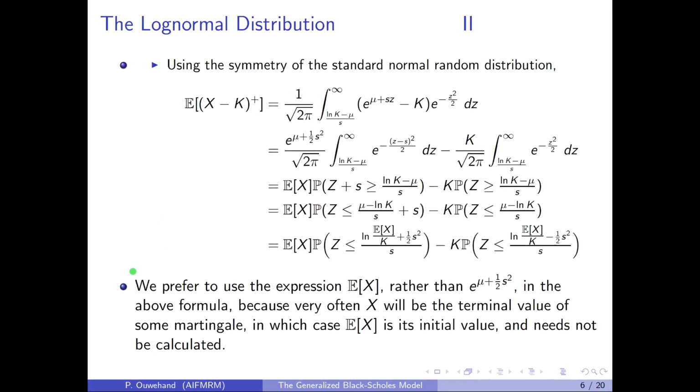One thing that may be worth mentioning, however, is the following. We prefer to use the expression expectation of X rather than its actual value e to the mu plus half s squared in the above formula, because very often X will be the terminal value of some martingale, in which case the expected value of X is simply its initial value, so that it need not be computed.